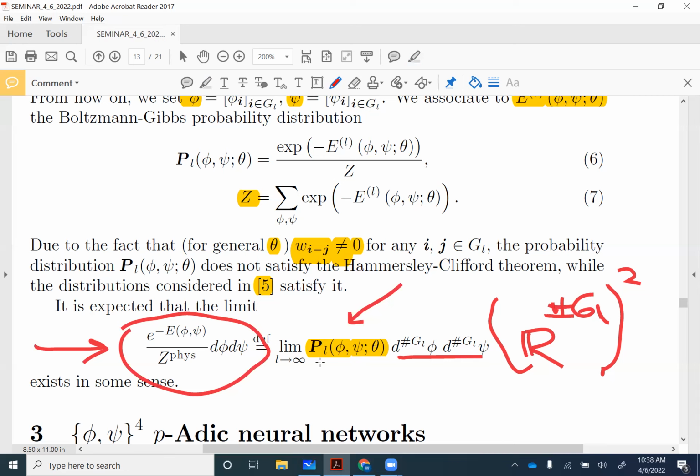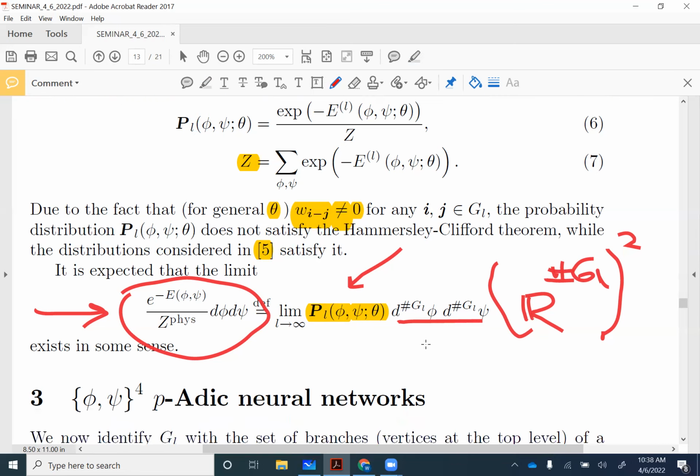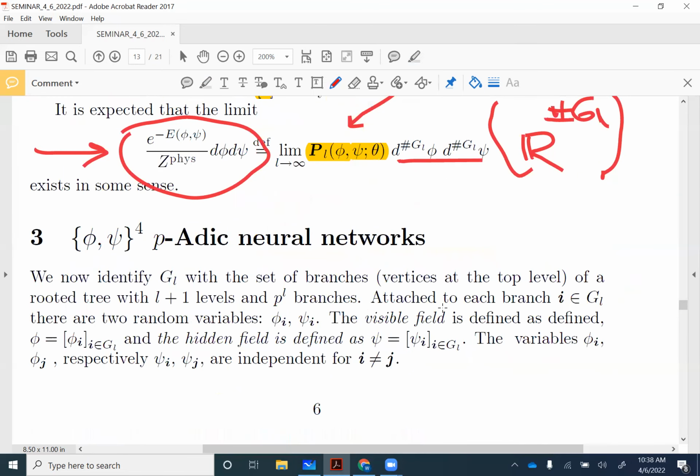Okay, this approach appears in certain papers already published.